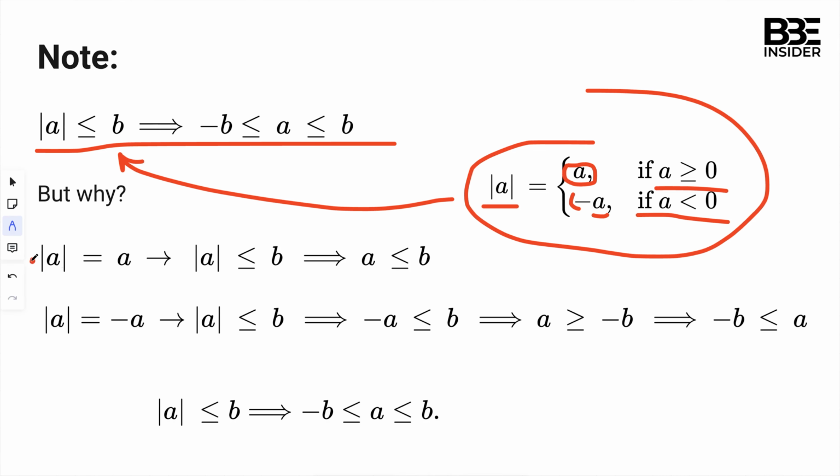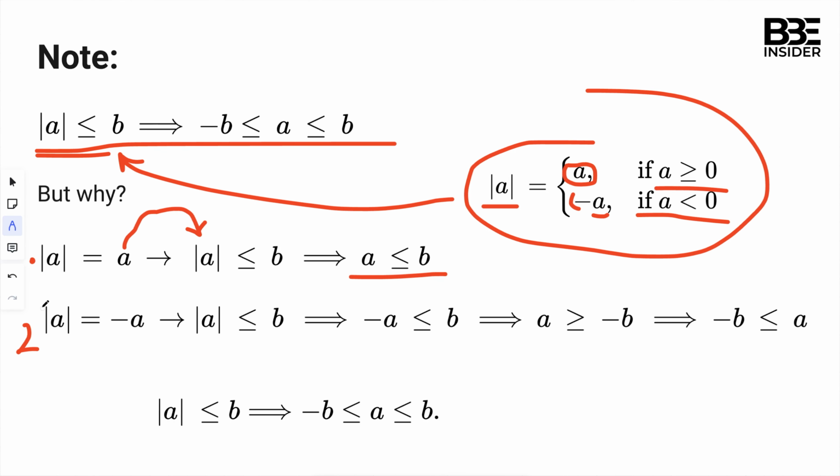The first case is the absolute value of A is equal to A, and the second case is that the absolute value of A is minus A. As you can see, we have this statement here, which resembles our original statement, and we use A instead of the absolute value of A, and therefore this whole inequality translates into A is less than or equal to B.